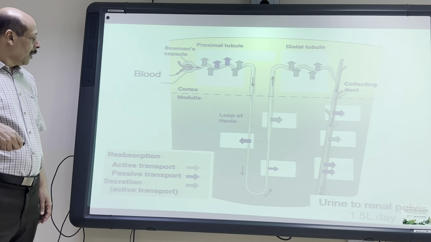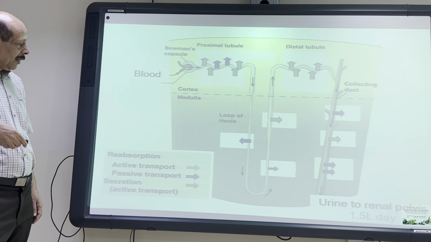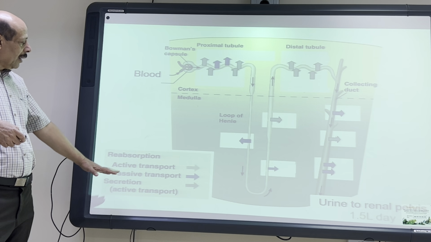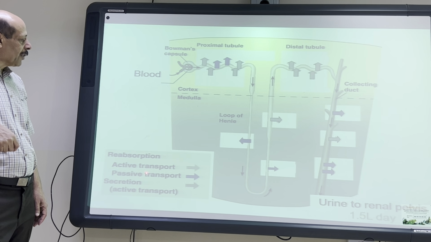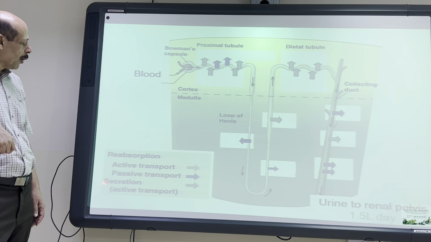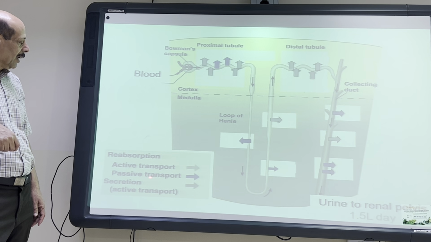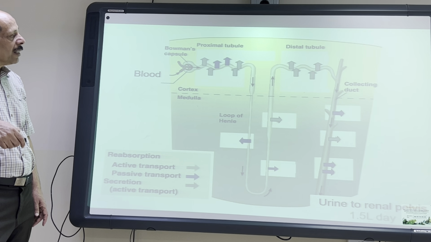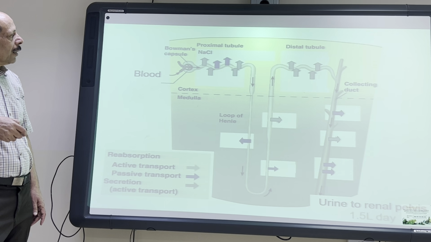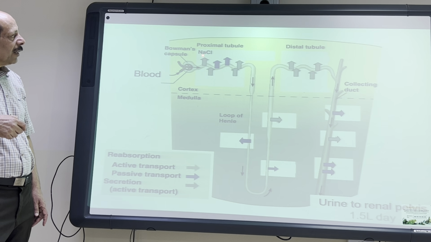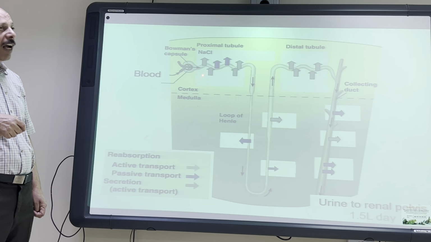So reabsorption here, it shows this is the active reabsorption and this is the passive reabsorption, transport or secretion. Active transport is there. So the sodium chloride will be reabsorbed, which is the active transport.